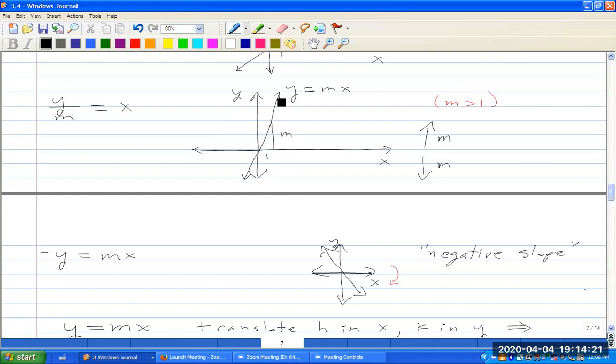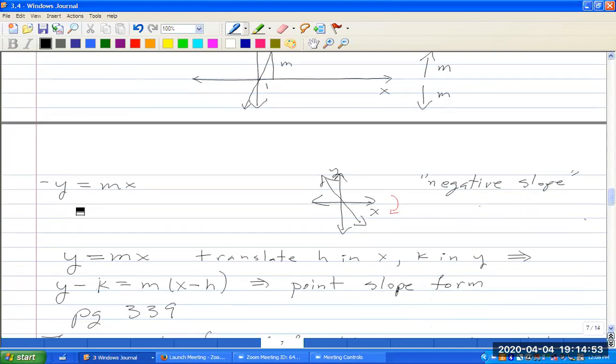So instead of going up m units, I'd be going down. That gives me the idea of a negative slope. And so this concept of slope, y equal mx, is really just the idea of reflection and scales.